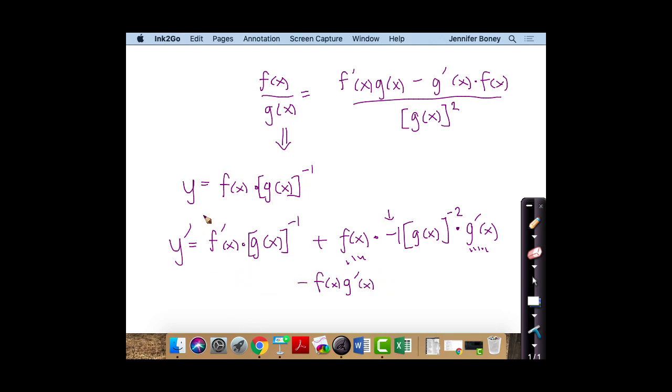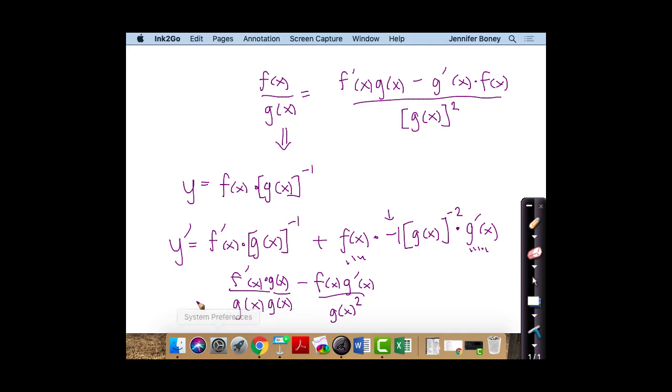The first term was, well, it's got a g of x raised to the negative 1. So I'm going to write in this fraction. This has g of x to the negative 1 power. This term has it to the negative 2, which would be that. If I want to make these like terms so that I can do this subtraction, I'm going to make common denominators by multiplying on g of x, so the top and the bottom both.